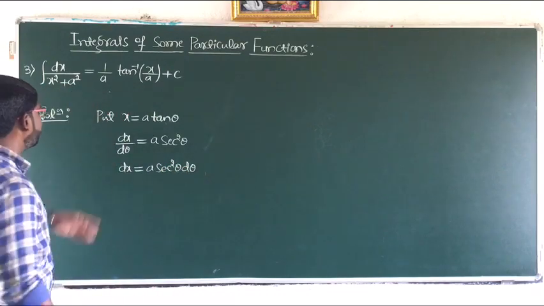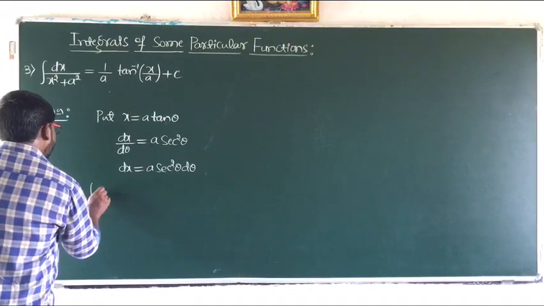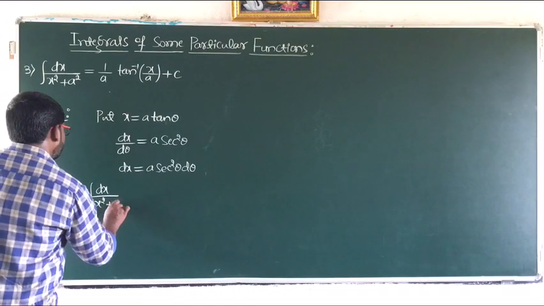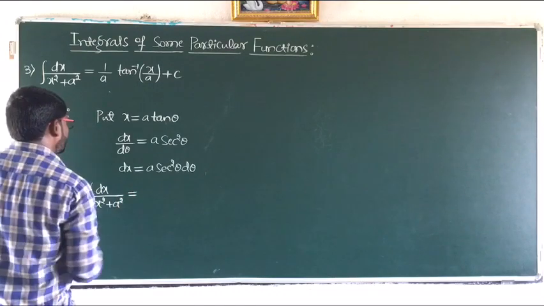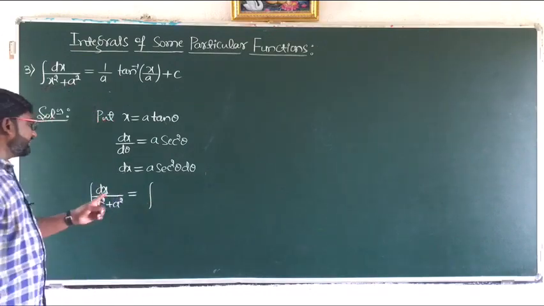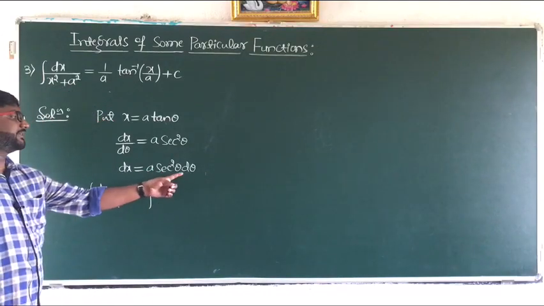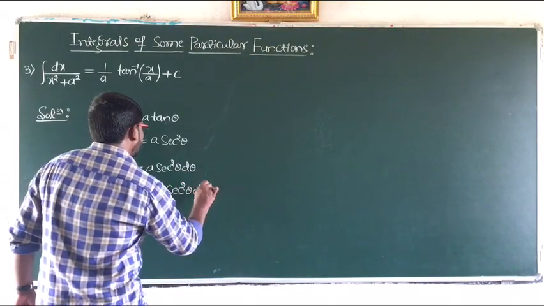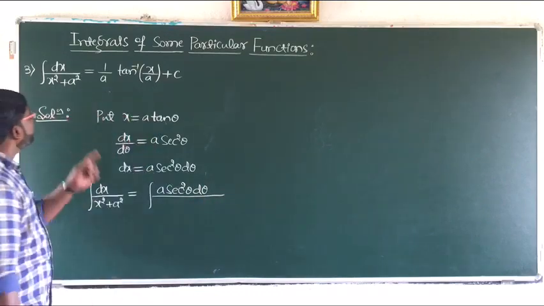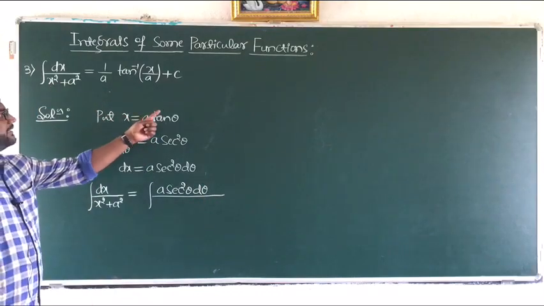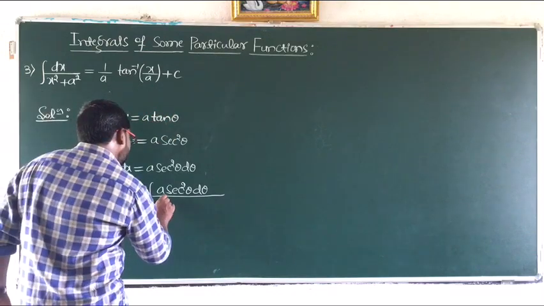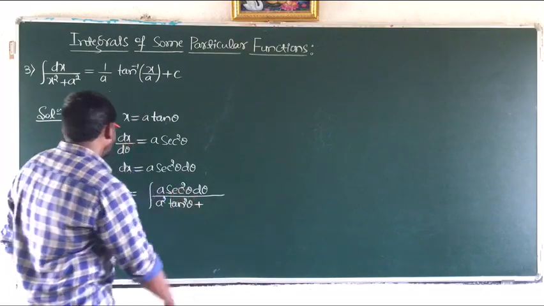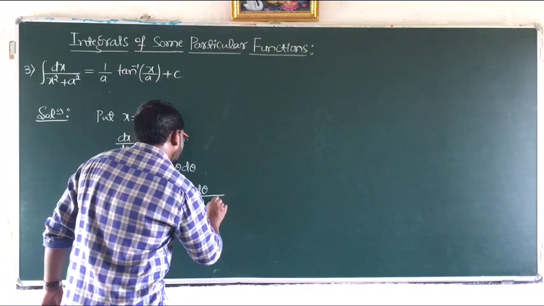So we have to rewrite the integral. So here integral dx upon x square plus a square, which is equals to integral, what is dx? It is a secant square theta d theta, divided by x square, that is a square tan square theta, plus now a square, I write it as it is.